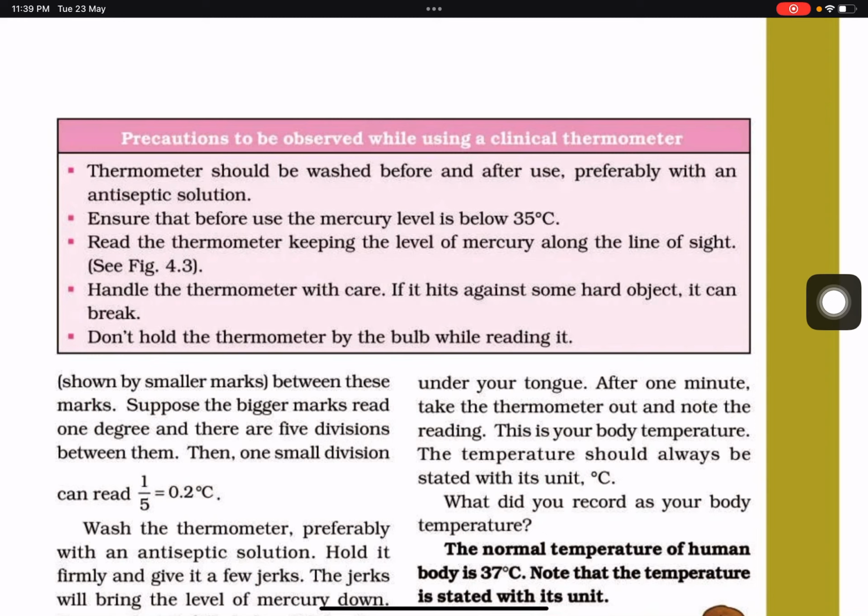Now don't hold the thermometer by the bulb while reading. It means you should not touch the bulb, the part that tests how hot or how cold an object is.